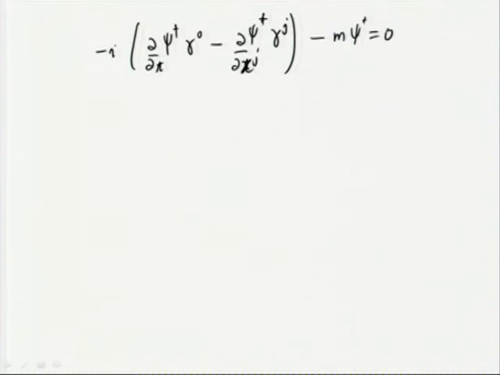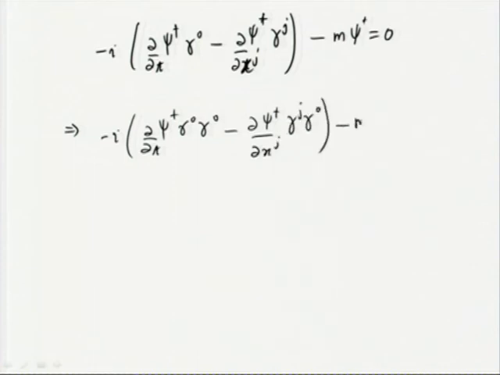The way out is to multiply it by a gamma 0 from the right. When I multiply by gamma 0, this will give me minus i dou by dou t psi dagger gamma 0, another gamma 0, minus dou psi dagger by dou x j gamma j gamma 0, minus m psi dagger gamma 0.